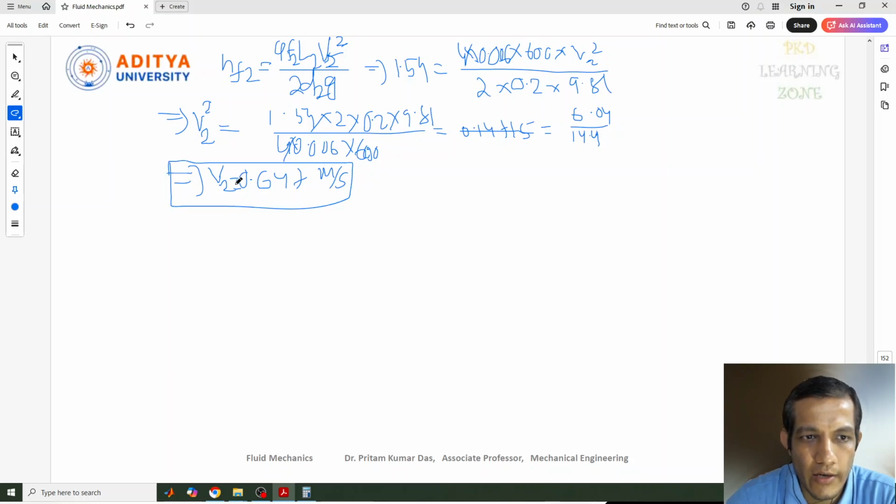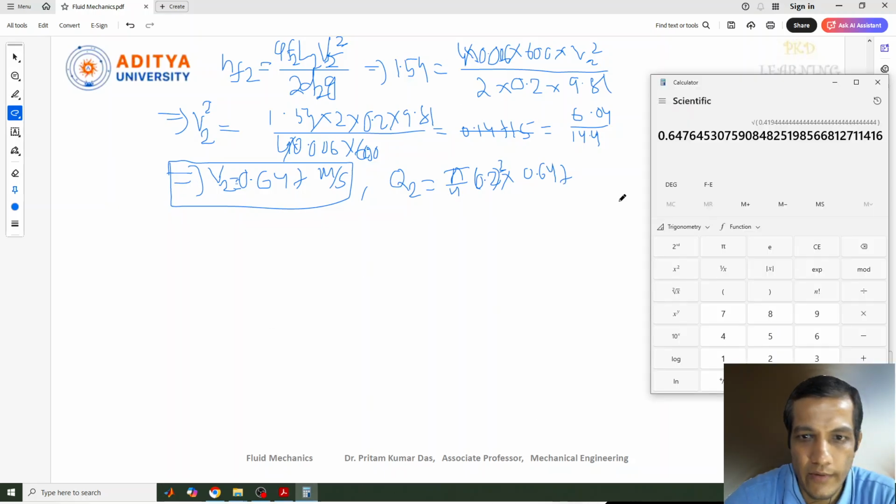Once I have this, I can immediately calculate the value of Q2. So Q2 equals A2 V2, which is pi by 4 into 0.2 square into the velocity 0.647.